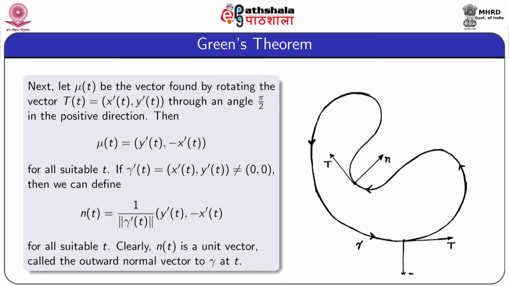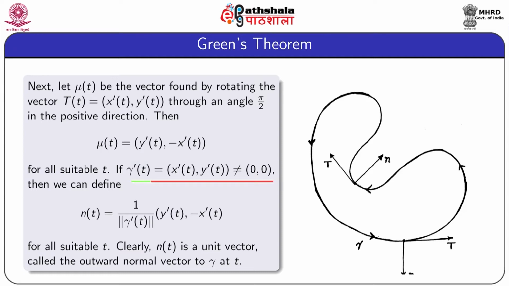Next, let mu(t) be the vector formed by rotating the vector T(t) equal to (x dash (t), y dash (t)) through an angle pi by 2 in the positive direction. Then we have mu(t) equal to (y dash (t), minus x dash (t)). For every suitable t, one can verify this.